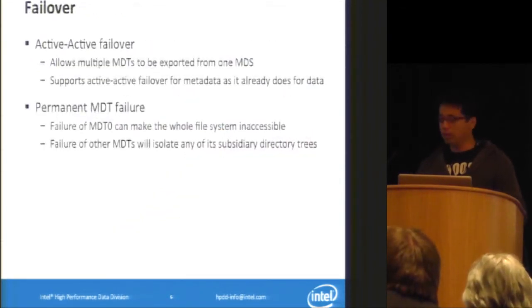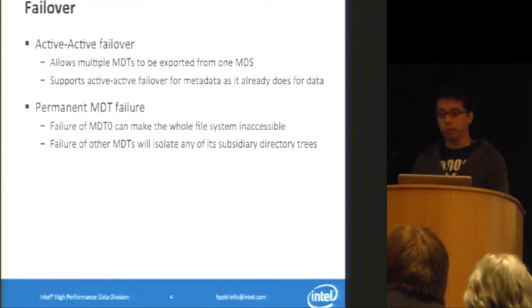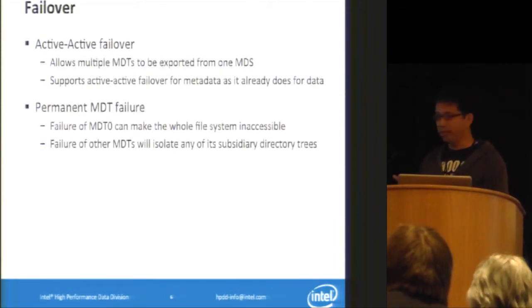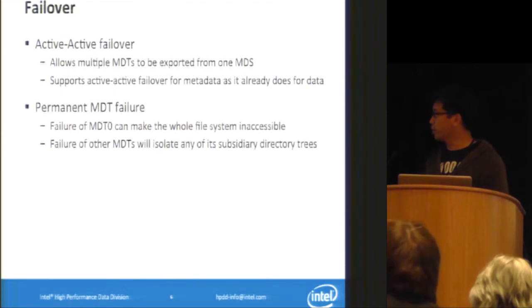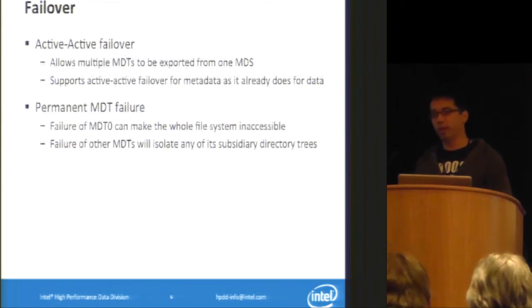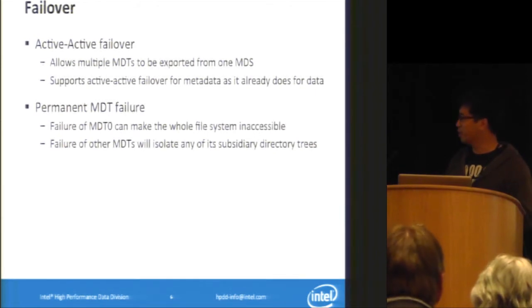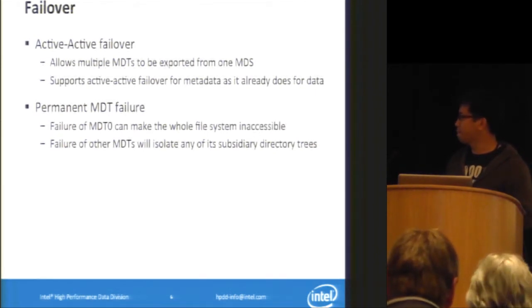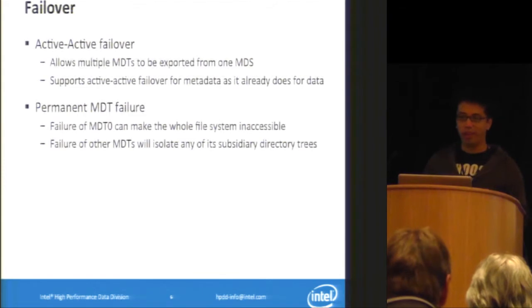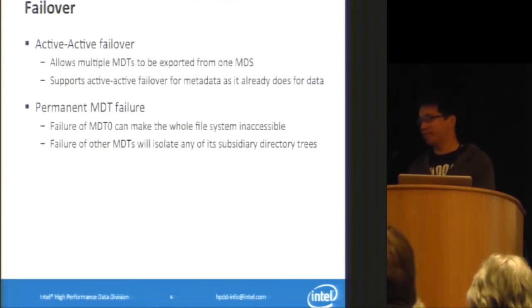Since there are multiple MDTs, you can export them from one MDS as well. With this, you can do active failover as we do for the OSS. But although we have multiple MDTs, there's still a single point of failure in the whole file system.